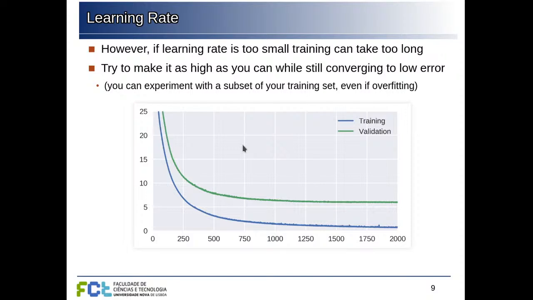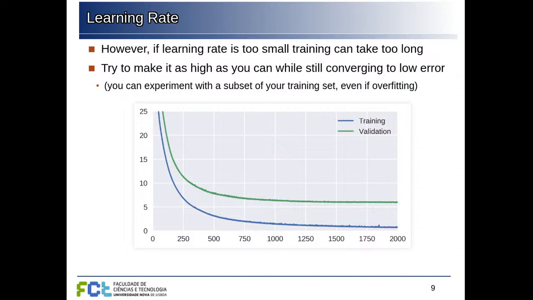So one thing you can do is to use a small subset of your training set, say a few hundred examples. This way you can run many epochs and you can see the loss function going down fairly quickly, because your network is just adapting to a small set of examples. Of course, in this case, you'll have a lot of overfitting, but you don't need to worry about that, just to adjust the learning rate.